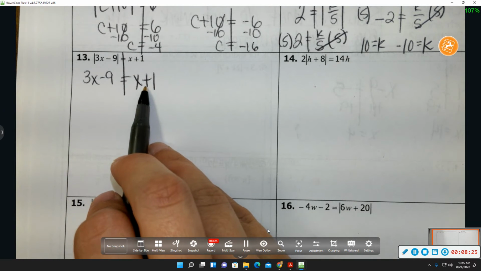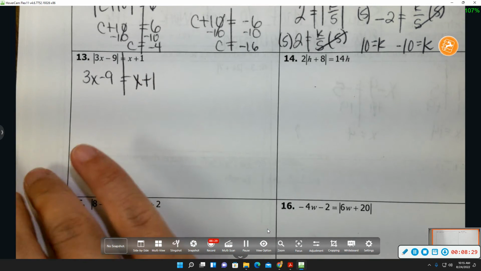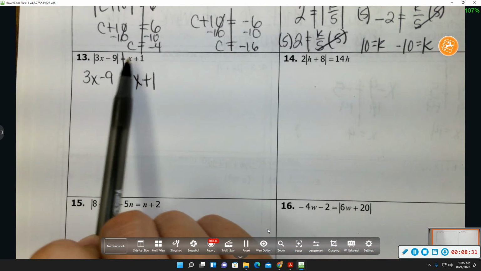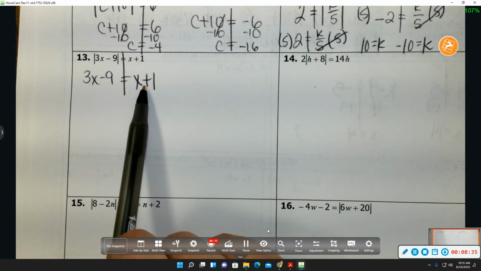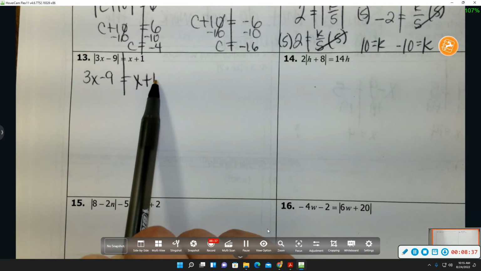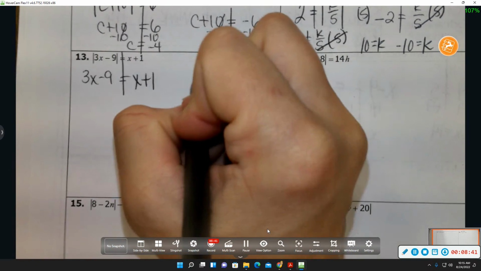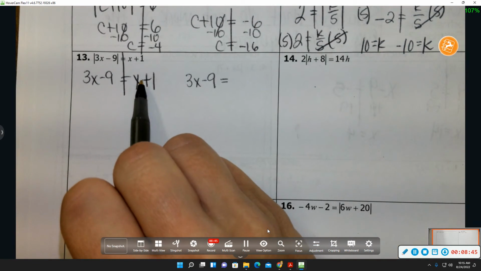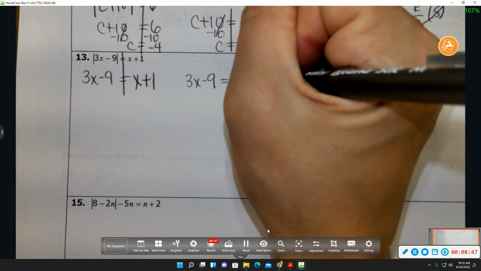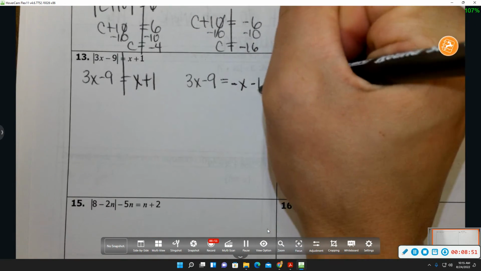Usually we would do a positive side and a negative side. Now that there's an expression over here, you change the sign of everything on the opposite side of the absolute value. So we still leave 3x minus 9, but instead of x plus 1, x is positive, so I'm going to change it to negative x, and then minus 1.